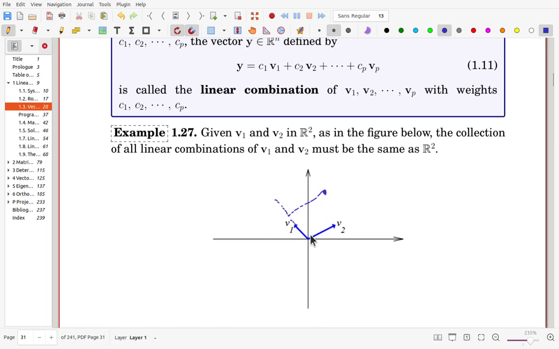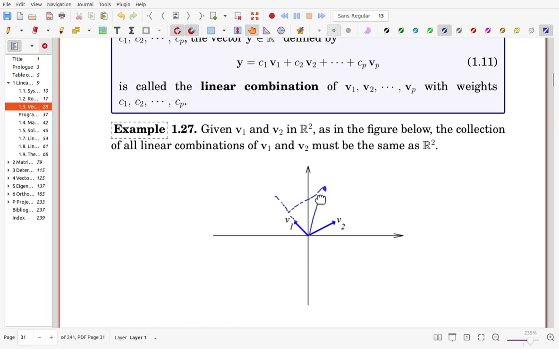So this position vector in R2 can be expressed as a linear combination of V1 and V2. For any other point, you can do it. So that means that the collection of all linear combinations of V1, V2 must be the same as R2. Okay?